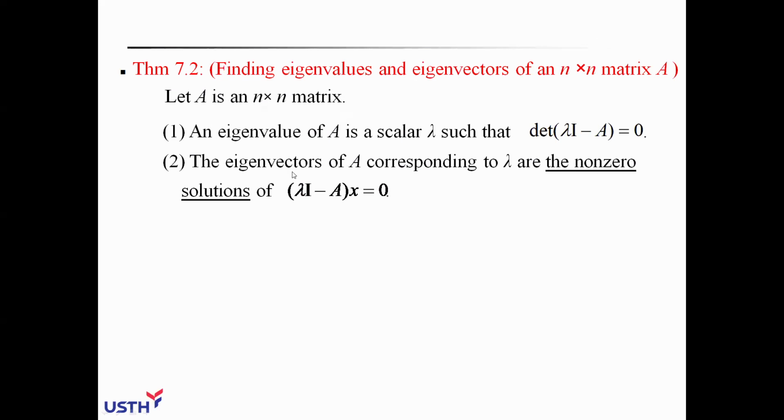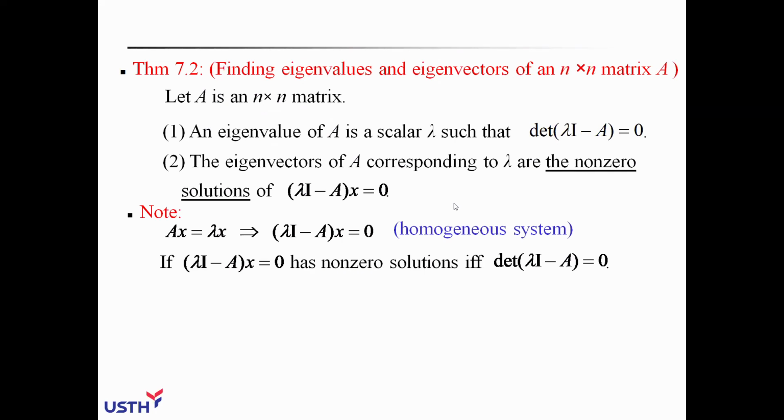And the eigenvector of A corresponding to eigenvalue lambda is a non-zero solution of this homogeneous system of linear equations, like that one. We know that already from the previous class. I just want to repeat it here, because next week we continue from that point.